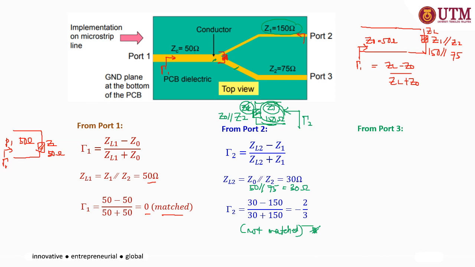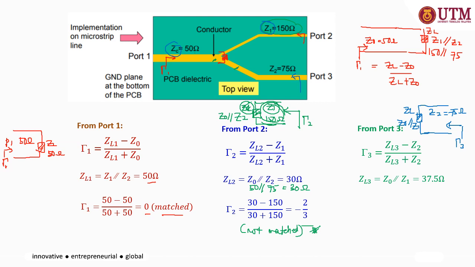Alright, next for port 3. Looking from port 3, gamma 3, what will be your ZL? The impedance of 75 ohm is the characteristic impedance of the third transmission line. The ZL looking at this point will be Z0 in parallel to Z1, so 50 in parallel to 150.